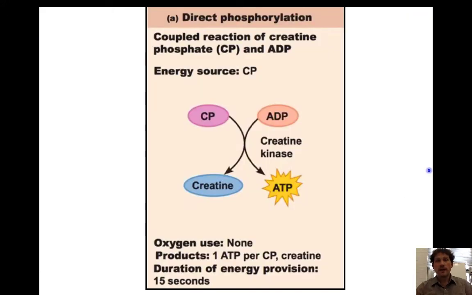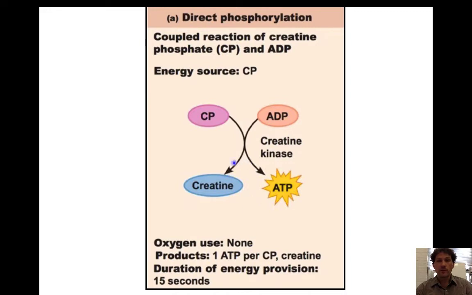All right, now if we look at direct phosphorylation, this is the reaction between creatine phosphate, which you can see here in pink, and ADP. Our source here is creatine phosphate, and from that reaction, we can generate 1 ATP per creatine phosphate.